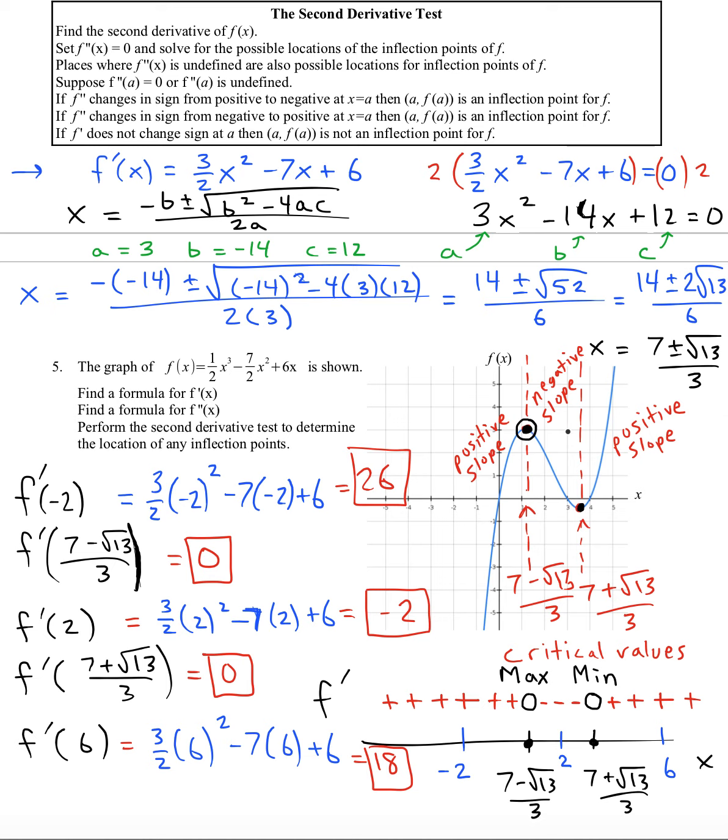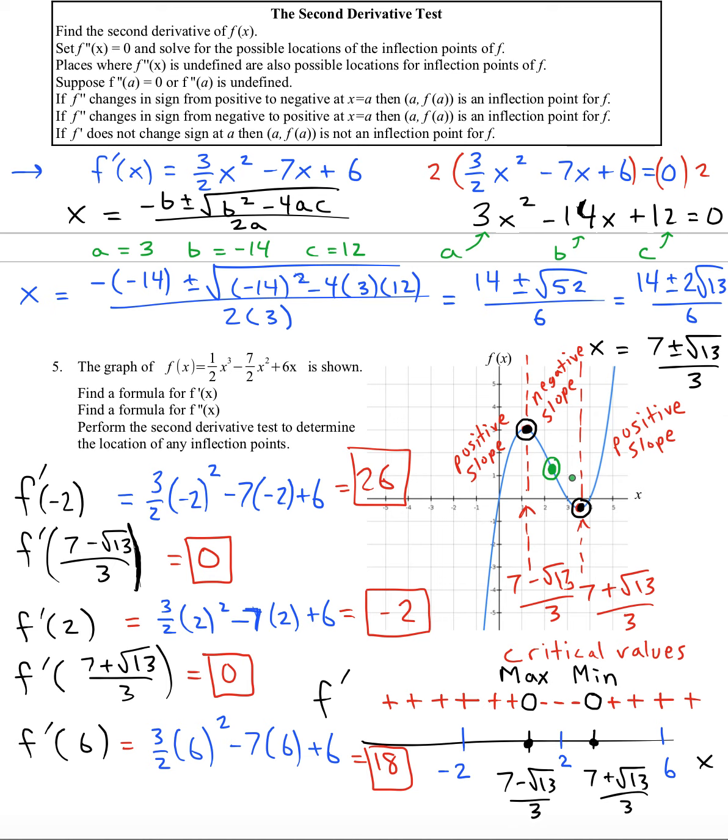We don't know what they are in coordinate form yet. So in order to do that, we're going to want to plug those x values into the original function. Also, there's an inflection point here too. And it occurs at 7/3, which is right about here, between those 2 points.